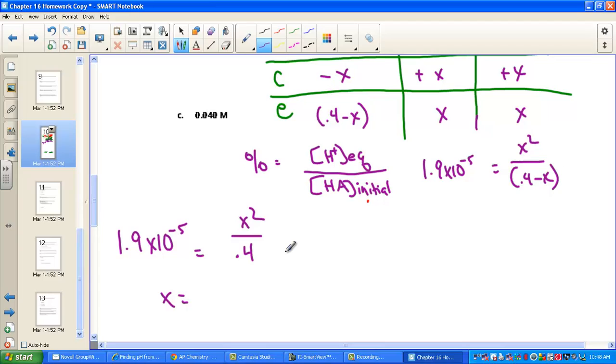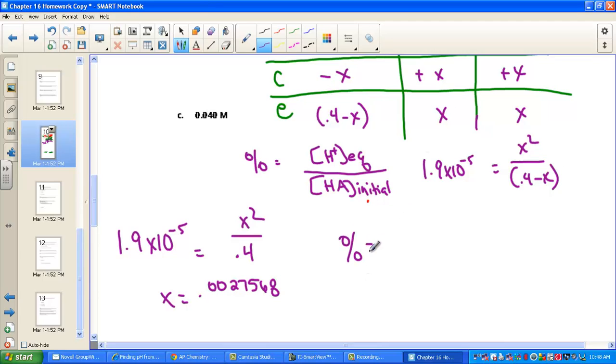We square root that answer, and the value of X came out to be 0.0027568. Plenty of decimals. Now here we let X stand for that hydrogen ion at equilibrium.